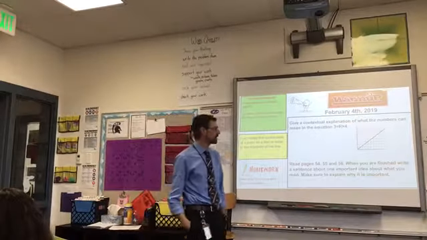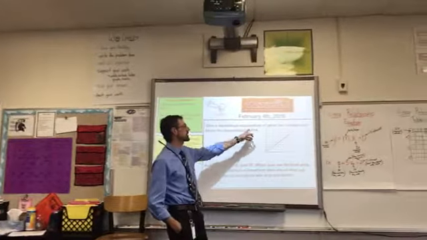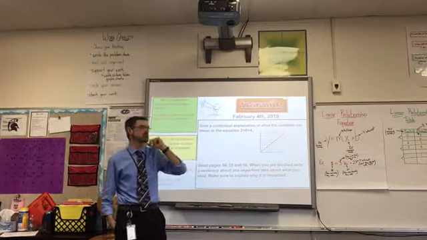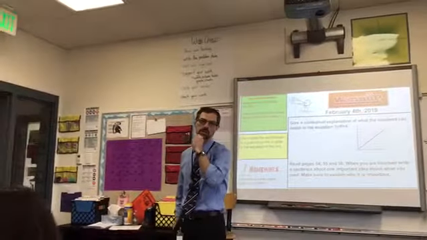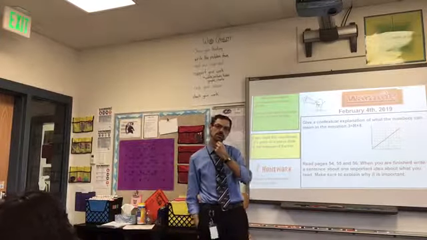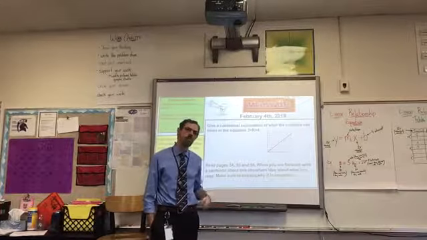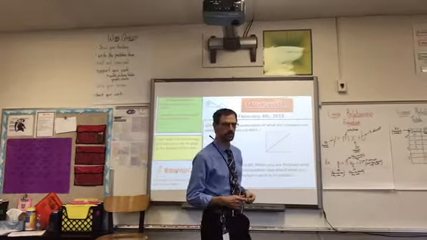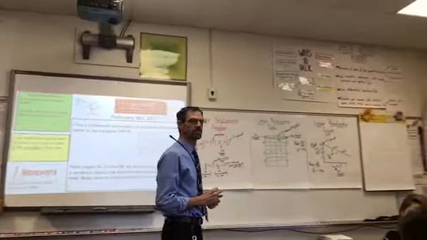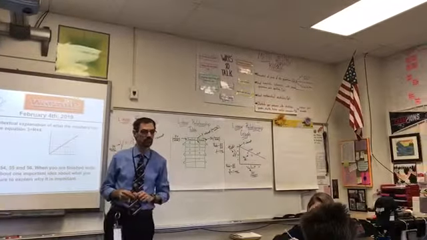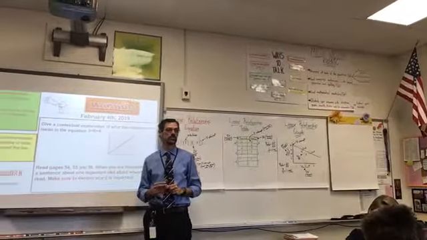So who would like to share a contextual situation where 3 equals r times 4? Yeah? 3 equals r times 4 can mean that you get a certain amount of money for 4 hoops you make. You end up with $3.